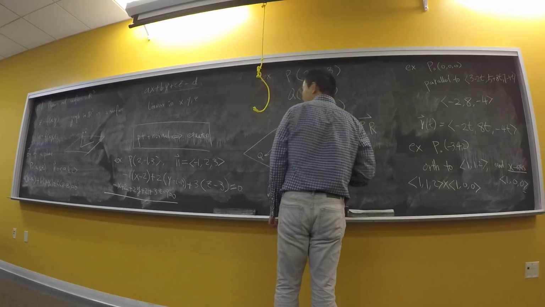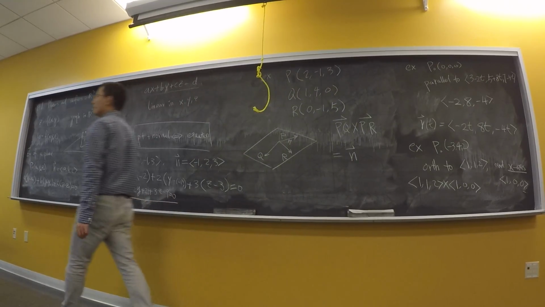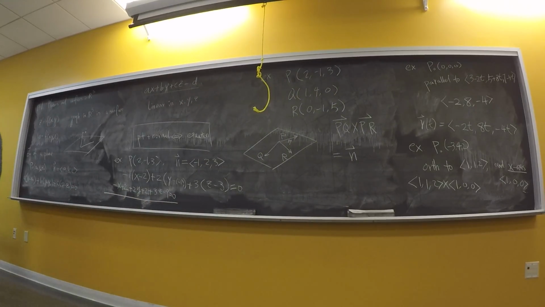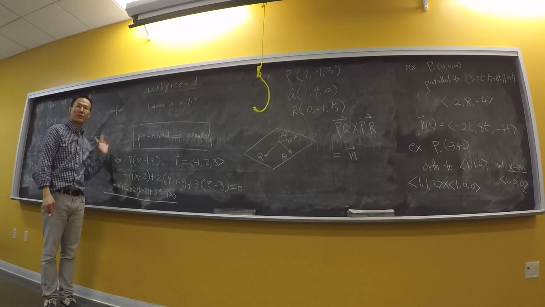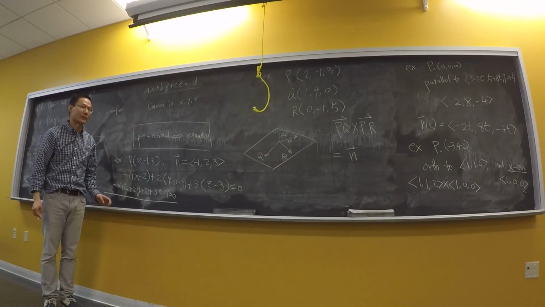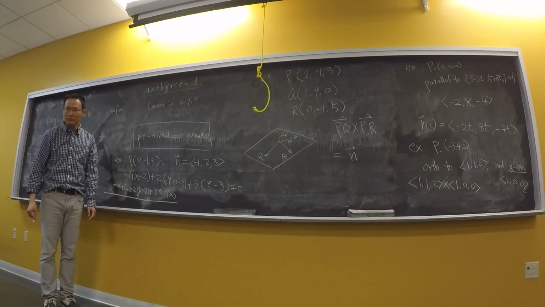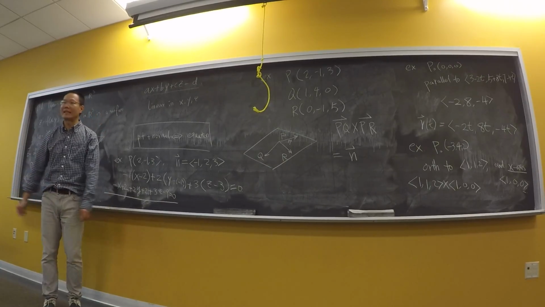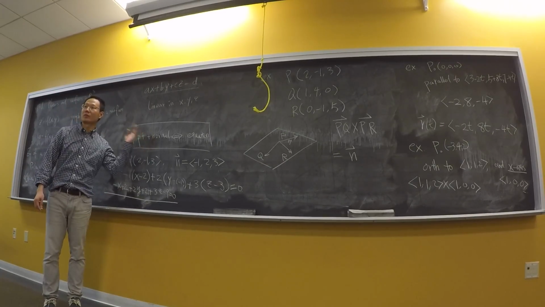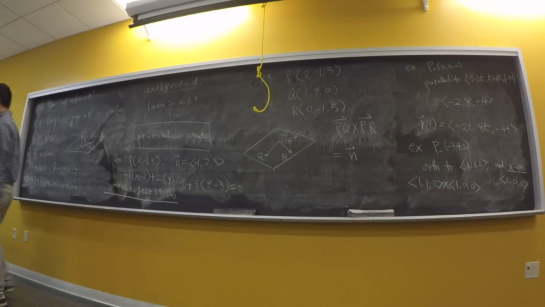I will name this as my normal. This is the normal, and I have a point, which is P, Q, or R, and then the equation will be given. Okay, and we're done. I can give you more varieties of this kind of problem, but in the end, it's point plus normal. And for a straight line, point plus direction.